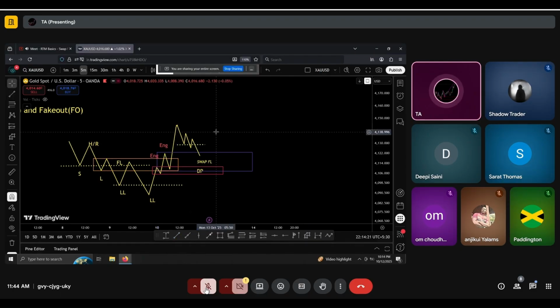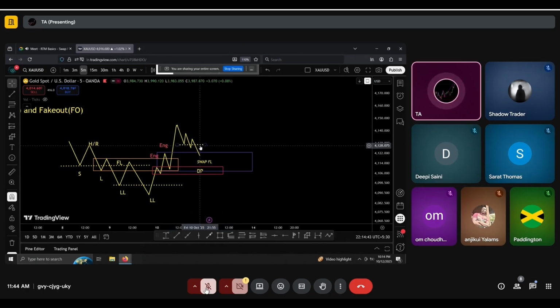If you guys have studied the concept of liquidity, the market needs liquidity to move. So what happens? Either it sweeps or takes out the liquidity of the left side or the past liquidity, or it creates the liquidity to move in a direction, right?